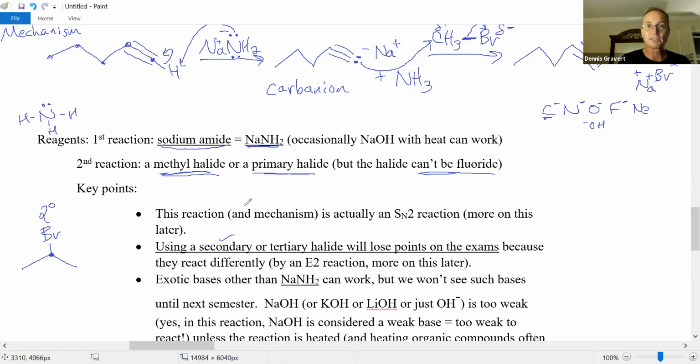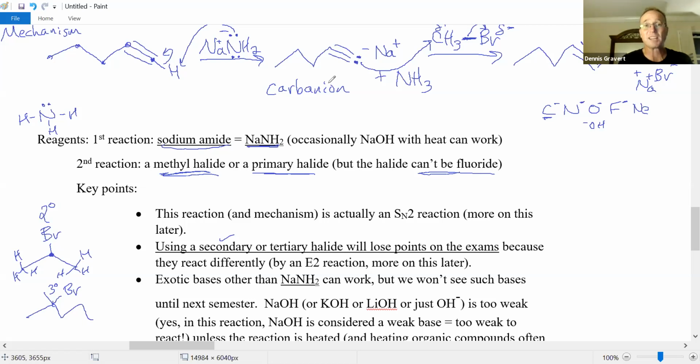Well, it turns out that this carbanion is kind of big and kind of bulky. It's got 5 carbons there and all the attached hydrogens. And that carbanion is really unstable. And so what happens is if you have a secondary or if you have a tertiary halide, this is even bulkier, you get side reactions. This carbon has a tough time sneaking past all these hydrogens. There's a methyl group on each part.